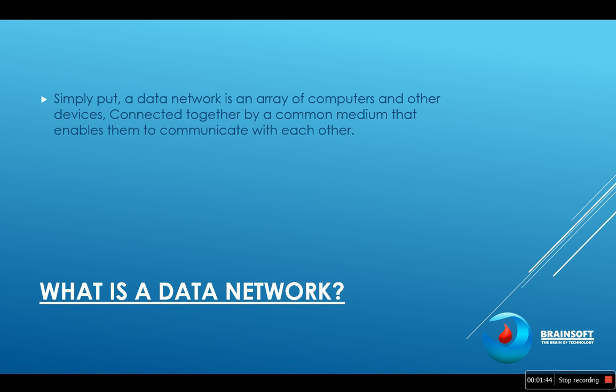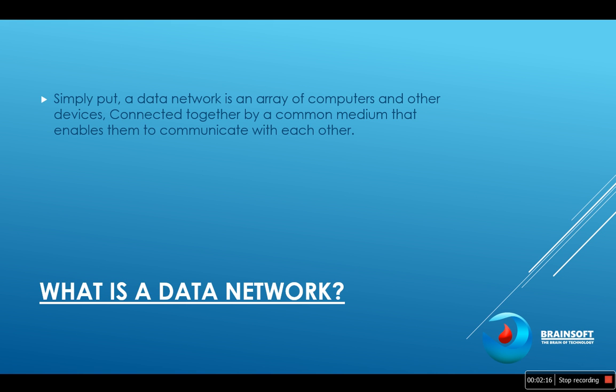Now let's move on. Simply put, a data network is an array of computers and other devices connected together by a common medium that enables them to communicate with each other. That is what we term as data network.